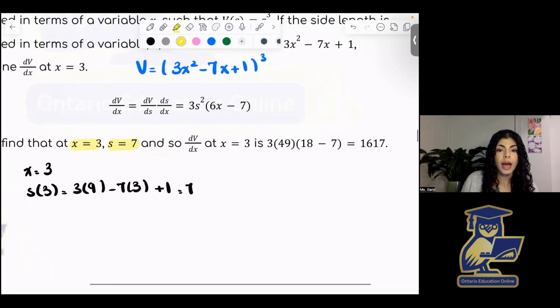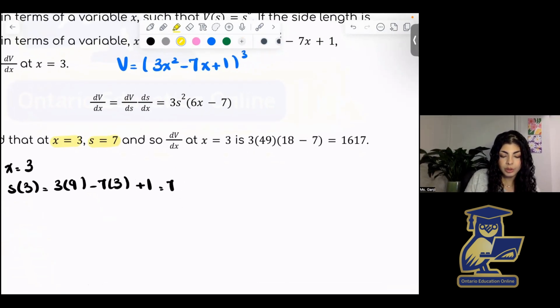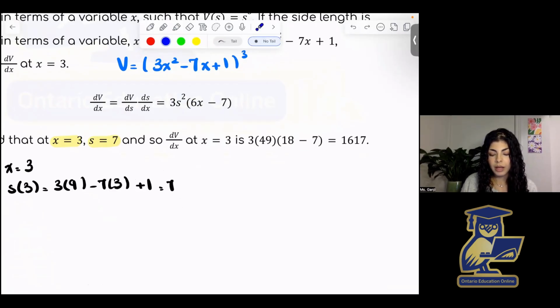And so I don't actually have to go back and substitute it here, because I have those two values. So I'll just work with what I have here. S squared will give me 49, and 6x minus 7 will give me 11 there.